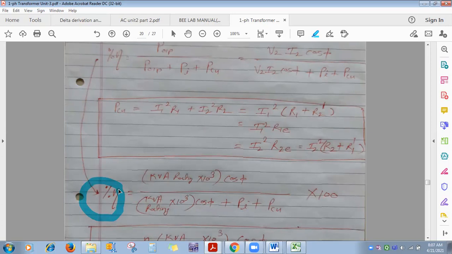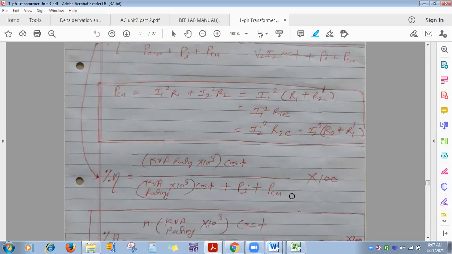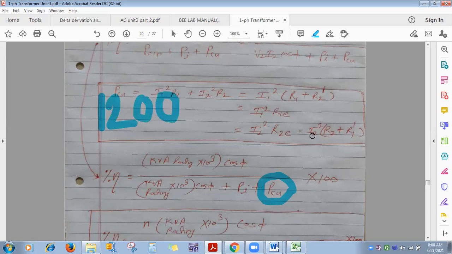Then what about the copper loss? Whatever copper loss takes place at full load, kVA rating you can make half. If the load becomes half, then kVA rating also becomes half. But what about copper loss? One fourth. Suppose full load copper loss is 1200 watt. Then how much will it be at half load? I told you, one fourth of it.